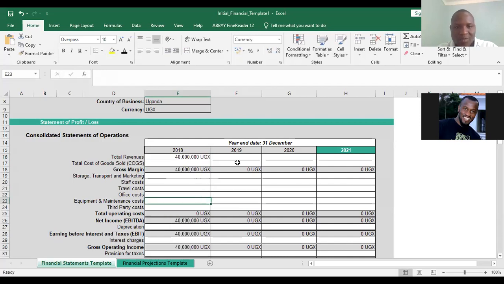Okay, that was my year one. And year two, that is 2019, maybe the business grew a bit and the performance increased, so I made 60 million the entire year. Then in 2020, there was some COVID effect and probably performance went down a bit by 15. So I'll say maybe I made 45 million.